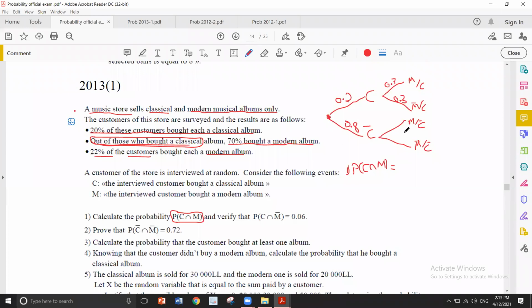Probability of C intersection M equals how much?